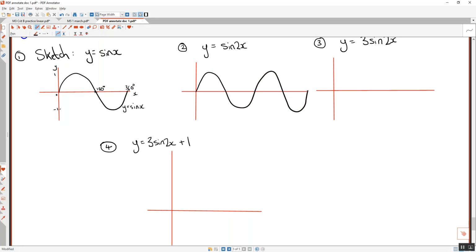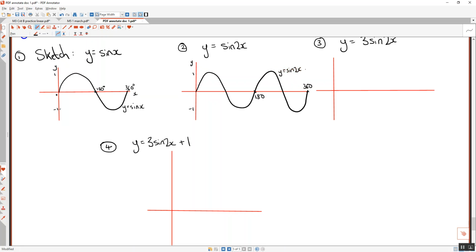So what number am I going to put here? 360. Okay, good. And what number here? 180 because it's halfway. How high is this graph going? 1. Yep, it's still going as high as 1 and as low as -1. And I will label it y is equal to sine 2x.